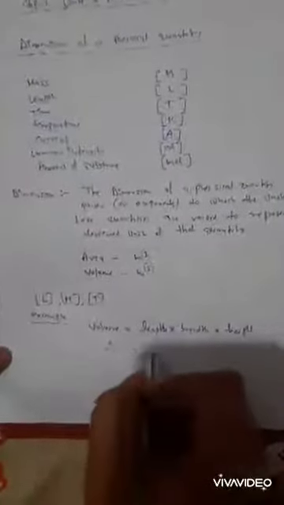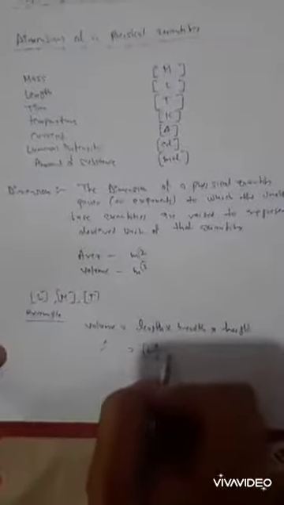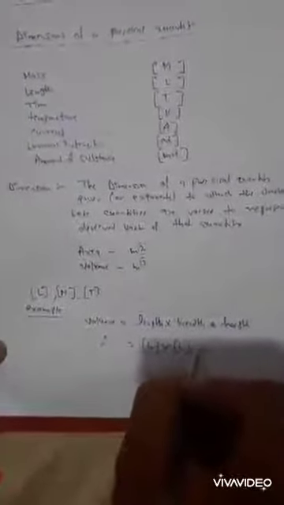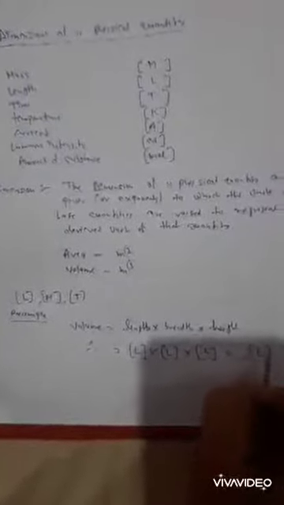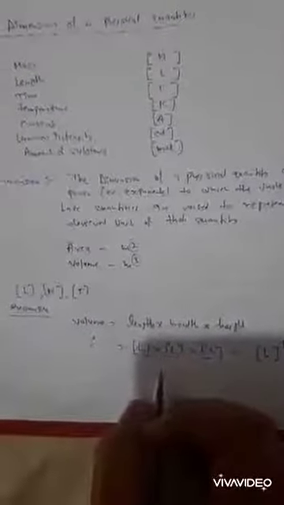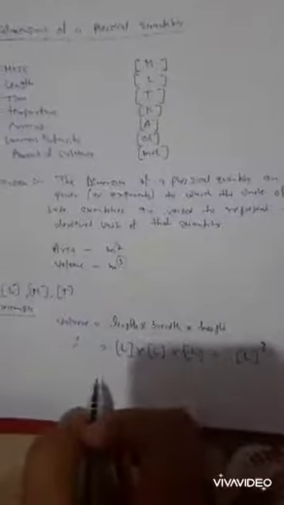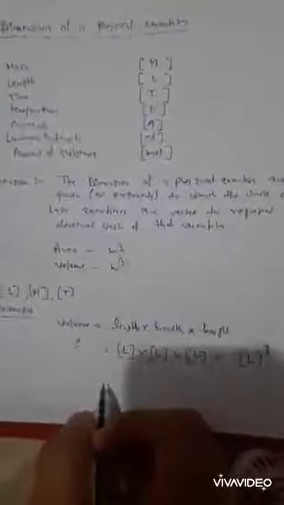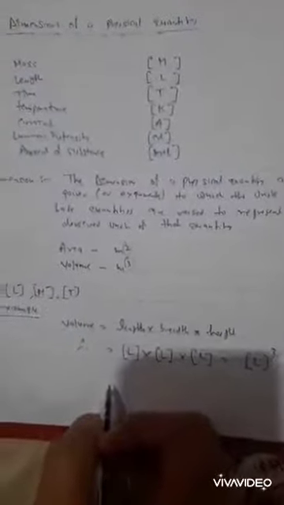Length into breadth into height. So therefore length will be L, breadth will be L, and height will be L. So this all combined will give you L raised to power 3. So to represent volume, we have raised L to power 3.